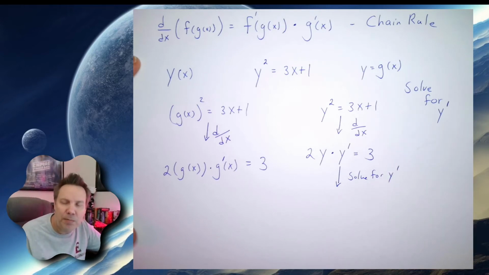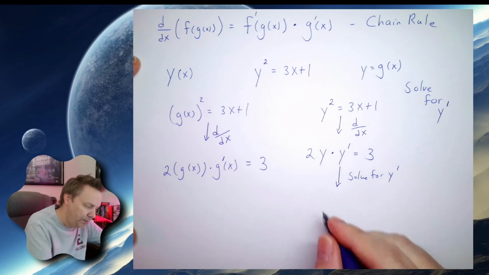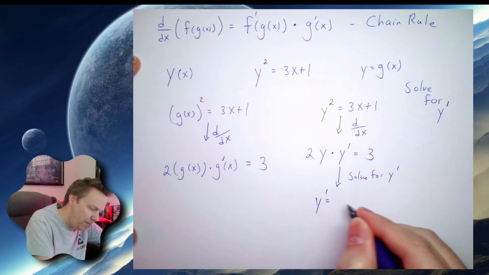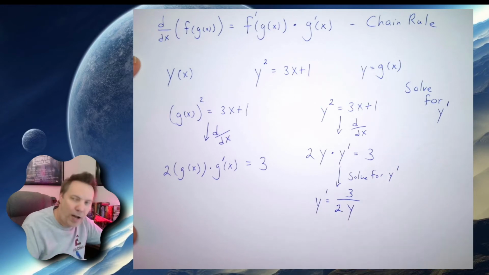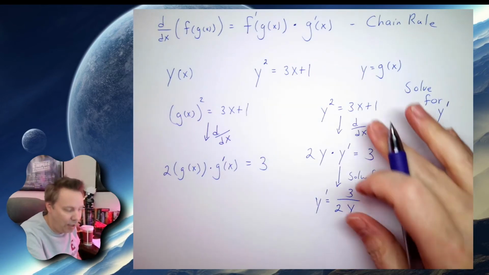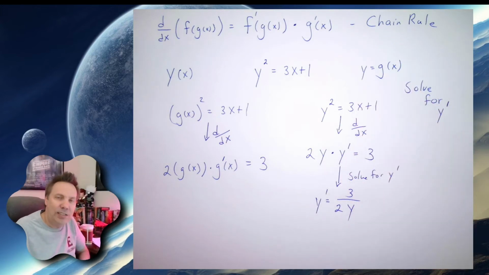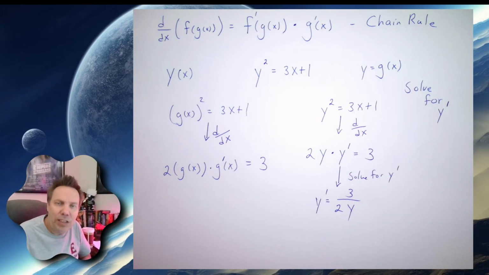This is an algebra step at this point. y prime is equal to 3 divided by 2y. And this column right here, that's an example of an implicit differentiation.